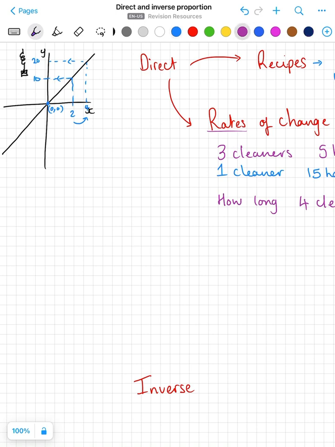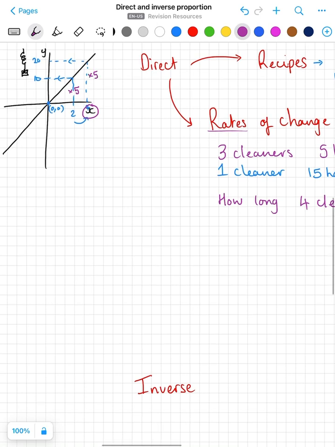Now we can also think of this as, well, how do I go from x to y? 2 times 5 is 10, and 4 times 5 is 20. That value is constant, and we call this k, special k. It's very important to remember special k in terms of proportionality.